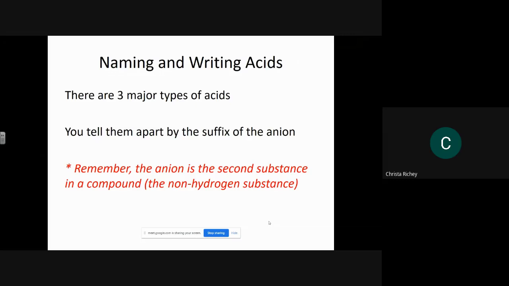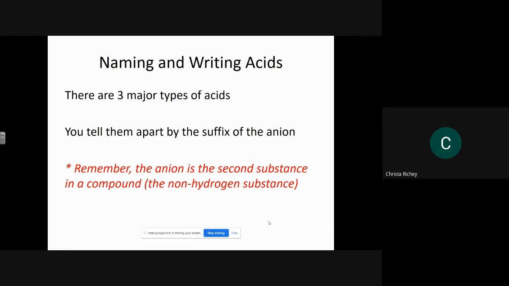It could be a polyatomic ion like nitrite or nitrate, and most polyatomics end in either ite or ate. There's a major exception, the ammonium ion, and that's cyanide, but most of them end in ite or ate. Some have hypo and some have per in the front. The other major type of acid is going to be a regular element, which will end in ide.